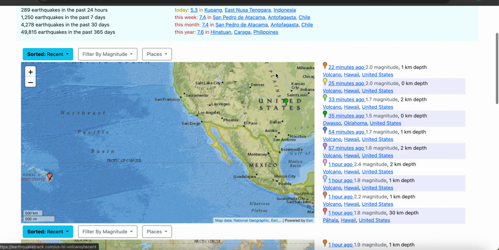But this area on this map, where you see San Francisco, Sacramento, Los Angeles, San Diego, these cities are right on the boundary of the Juan de Fuca plate and the North American plate. And then we have the Cocos plate down here, underneath the Baja Peninsula of Mexico.